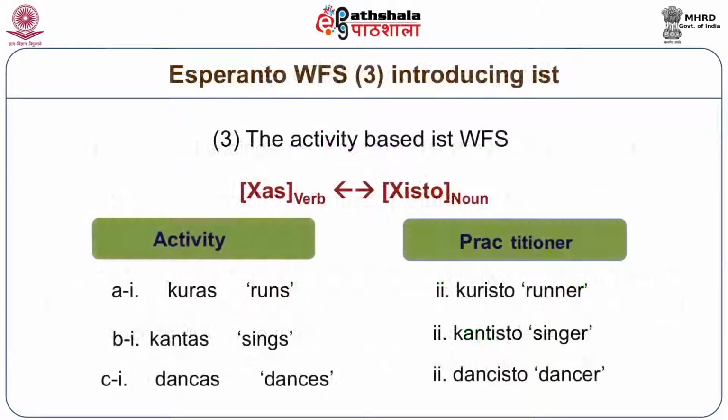If you take a word like eksкuristo, which means a former runner or ex-runner, the ek prefix in ekskuristo and the ist suffix in ekskuristo are two derivational affixes surrounding the verbal root kur, which is to run, and o at the end is an inflectional ending telling you that the word is a noun.